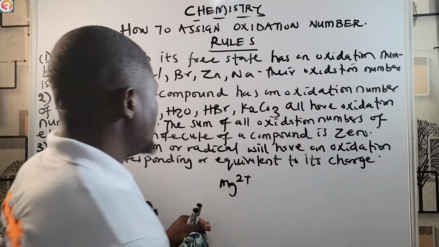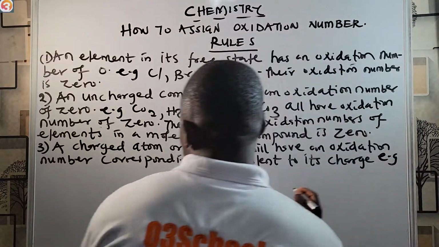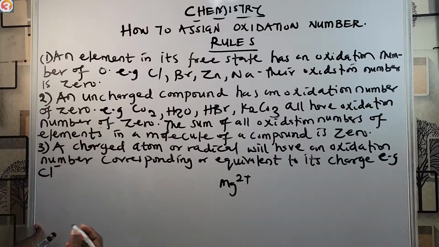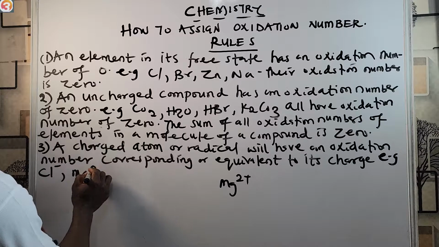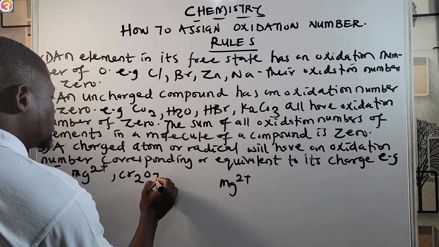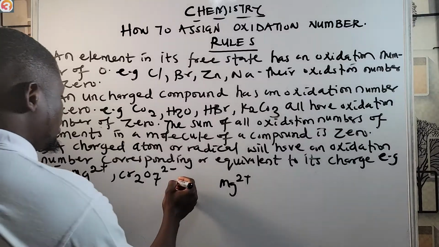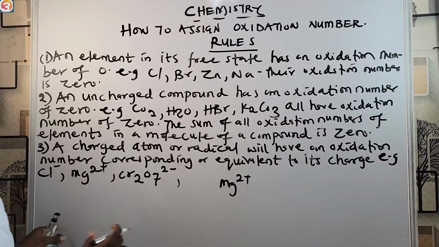So let's see examples. E.g., if you have chlorine standing alone, if you have Mg2+ standing alone, if you have Cr2O7 2-, right? You are seeing a charge on it. It's a charged atom or radical, right?